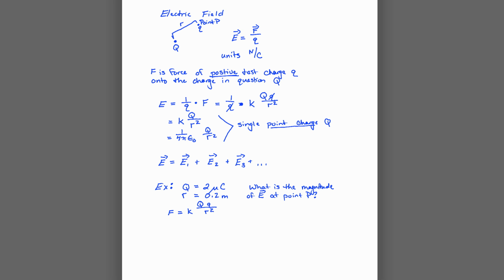We can plug this into our formula for the electric field. Just as before, the magnitude of the charge on the test charge cancels. So we end up with this.